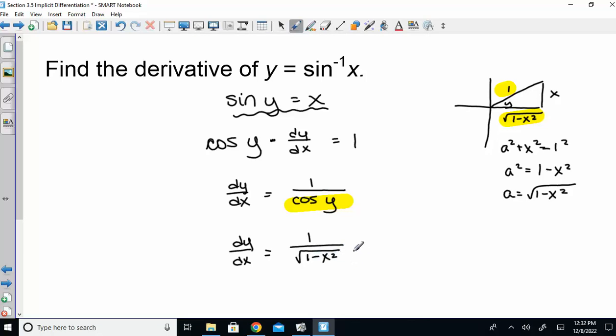Square root of 1 minus x squared over 1. Or we could just leave it like that. I'm not going to stress out about radicals in your denominator. You can leave it like this. So that is the derivative of sine inverse. Any questions right now?